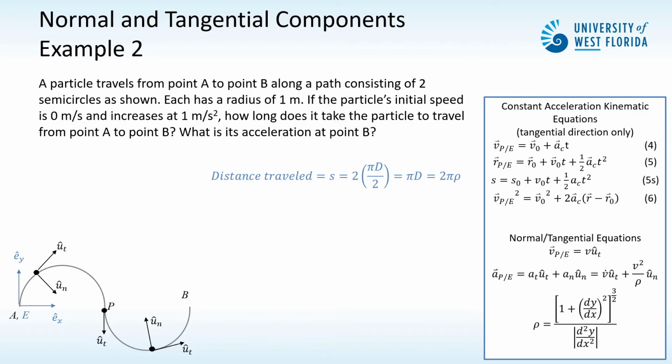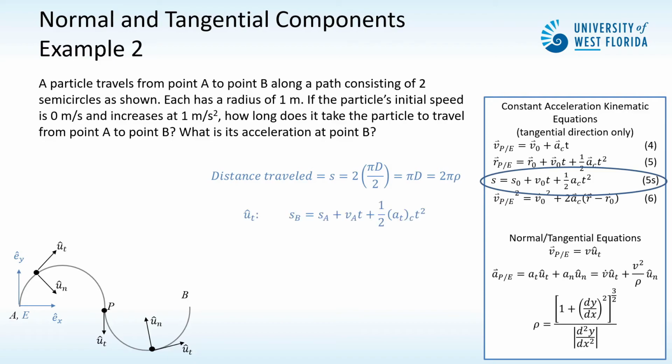Given that we have the distance traveled, the initial velocity, and the acceleration, and we need the elapsed time, we can use equation 5s. Recall that this equation applies to motion along a curvilinear path, and even though it's not written in terms of vectors, we need to be careful to specify the direction of motion, which is ut in this case.